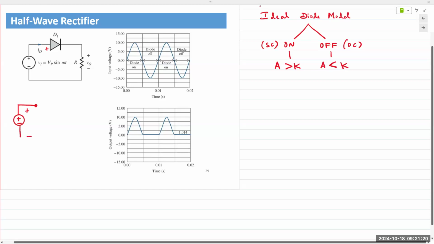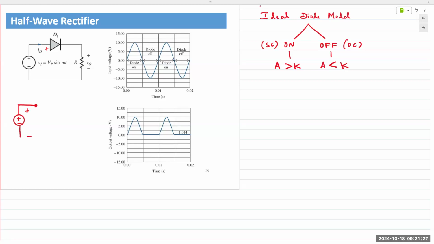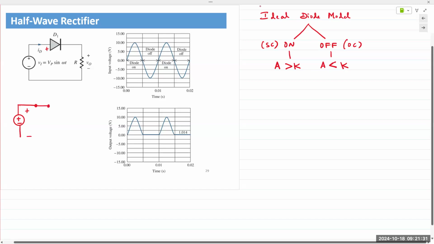What happens to this diode when you apply a positive signal to the anode and a negative to the cathode? It's on, so it's a short. D1 is on. It behaves like a short circuit.